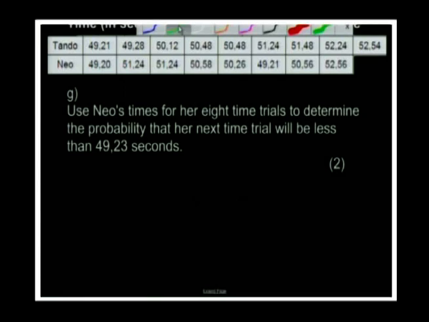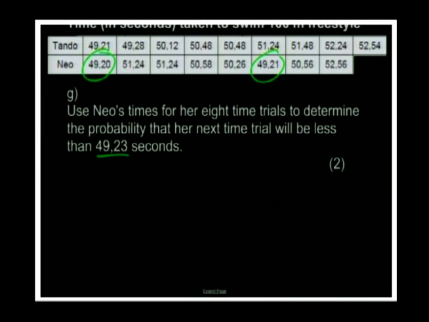Well, let's have a look. 49,2, there's one. No, that's not, that's not, that's not, that's not. 49,21 is less than 49,23. That's not, that's not. So 2 of how many of her times? 8 times were less than 49,23 seconds.